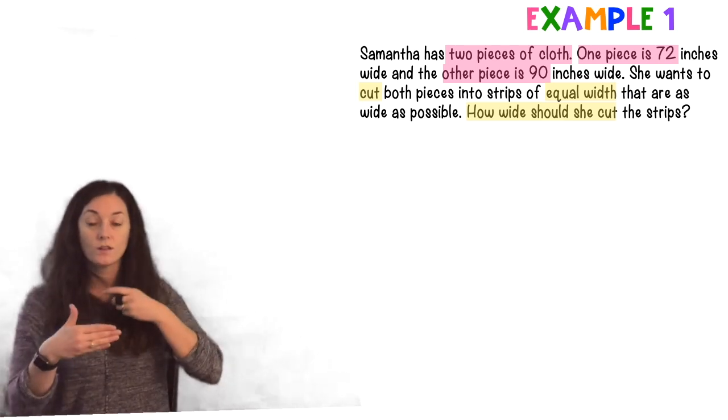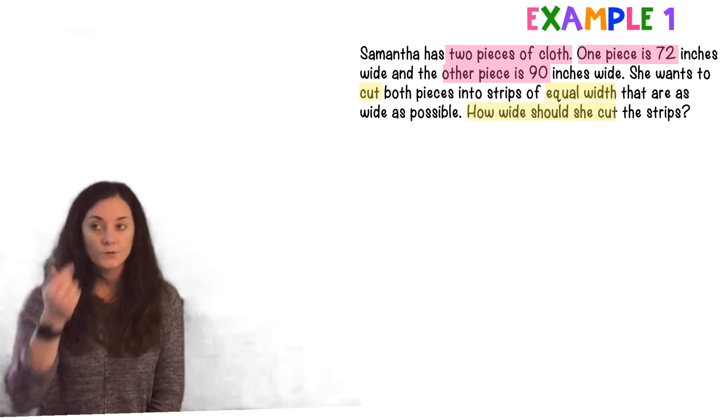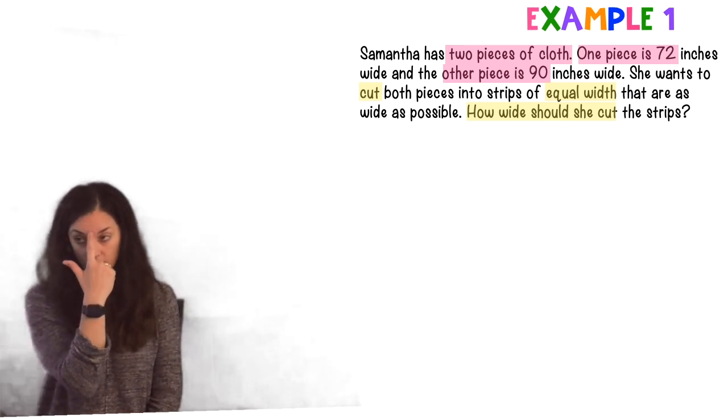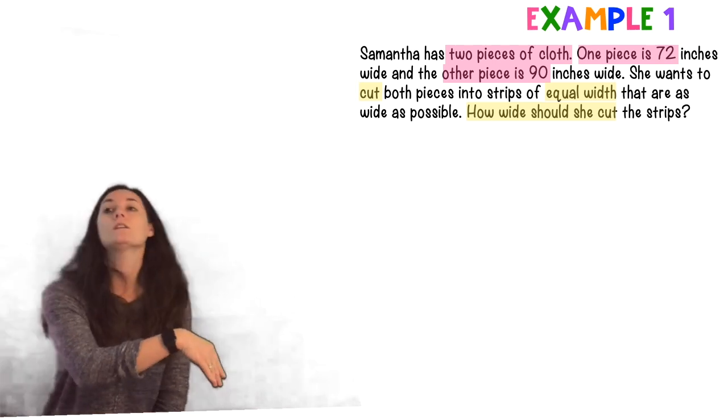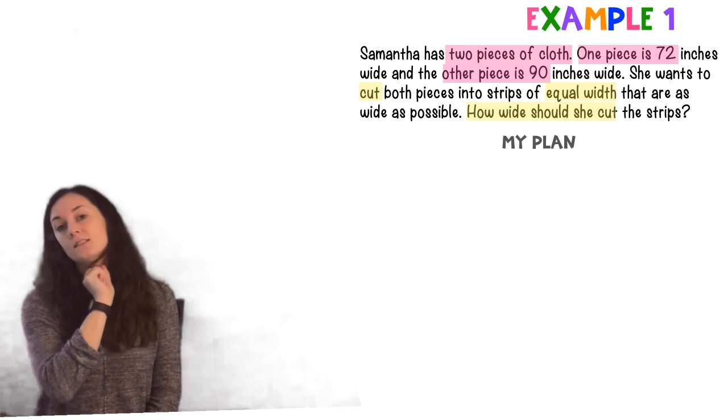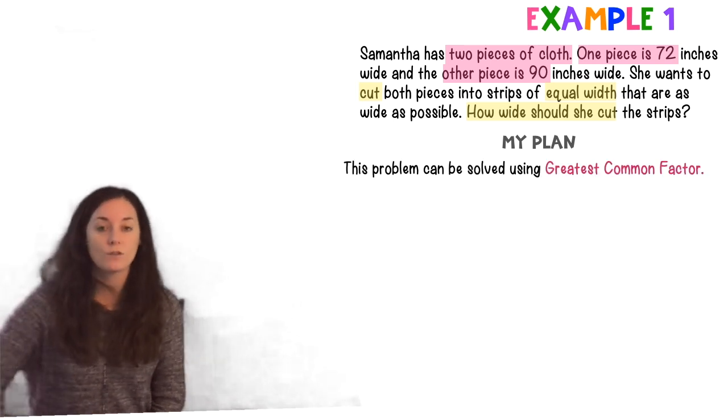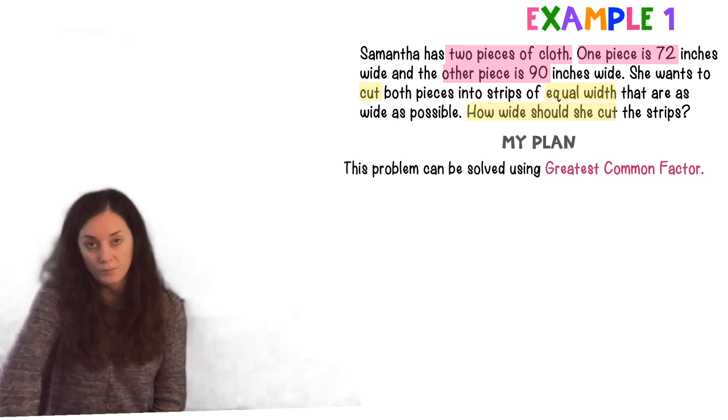So let's start thinking about what our plan is. I'm going to use my chart that we just made. Cutting, that was GCF. So my plan is I am going to use the greatest common factor of these 2 numbers.